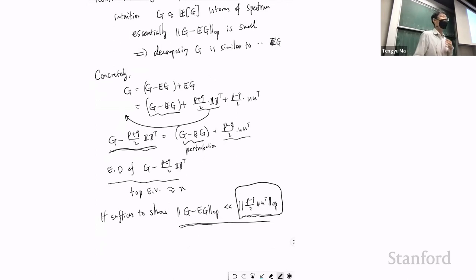Okay, any questions? When we have multiple clusters, will the noise also change the eigenvalues? If you have more clusters, the noise will hurt the entire spectrum, and it becomes a little more complicated.